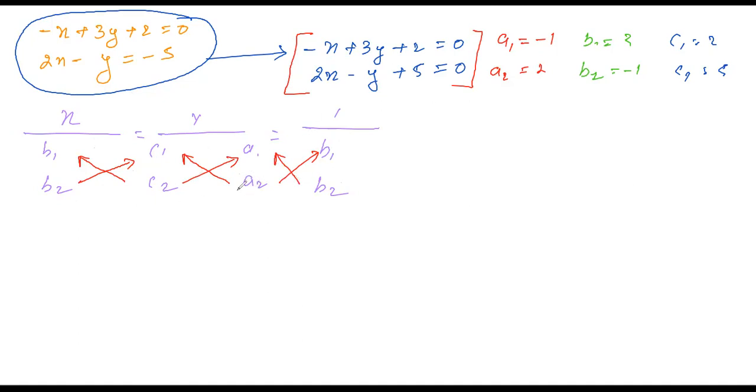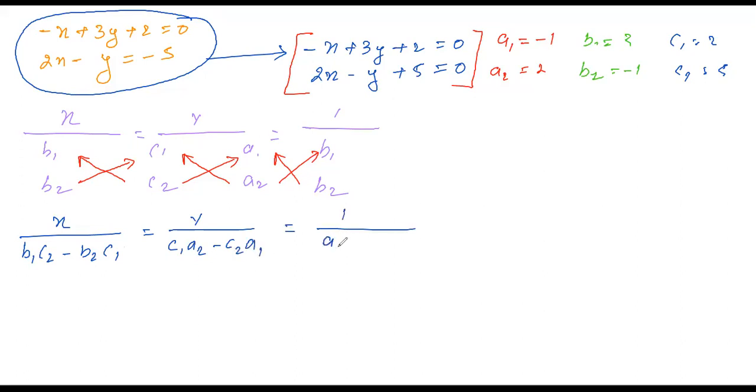If you remember the method, it will be very easy to solve. So x by (b1 c2 minus b2 c1) equals y by (c1 a2 minus c2 a1) equals 1 by (a1 b2 minus a2 b1).